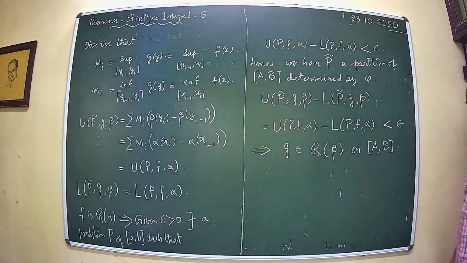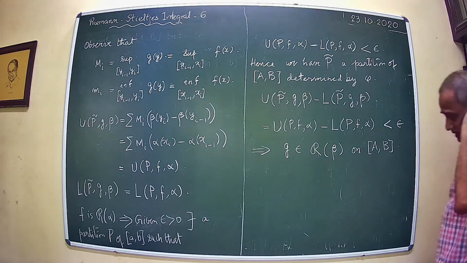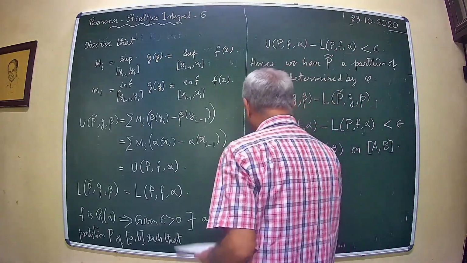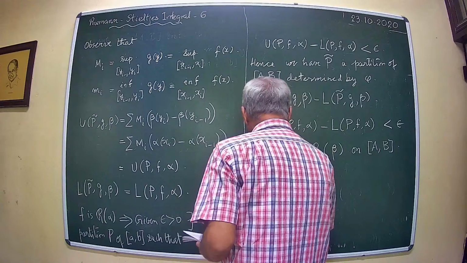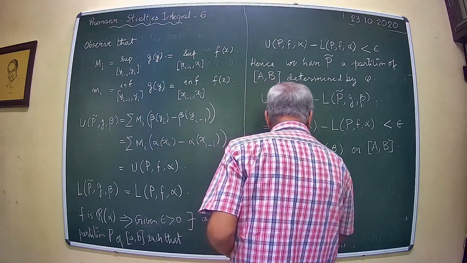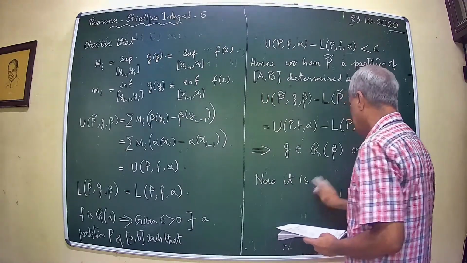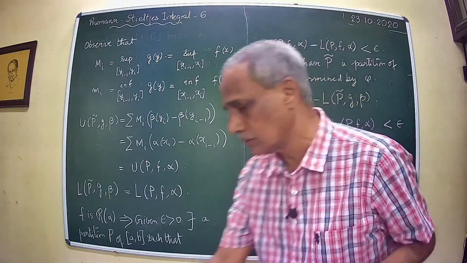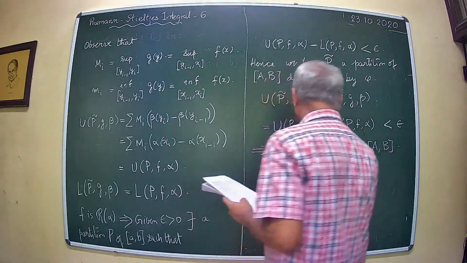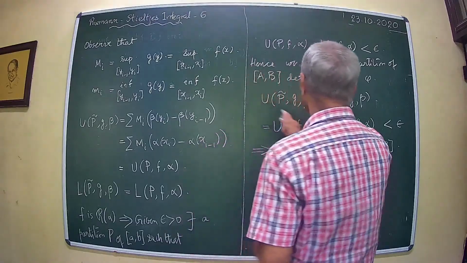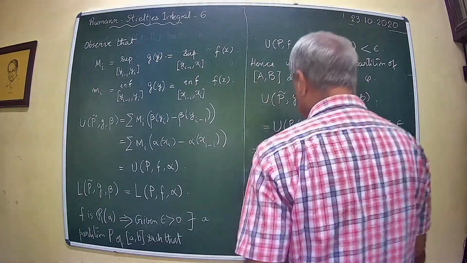Now, of course, by simply taking the supremum and infimum, you get the upper integral, lower integral, and so on. You can prove that. It is clear that you need a few lines. So you get the upper integral, the lower integral, and so on.